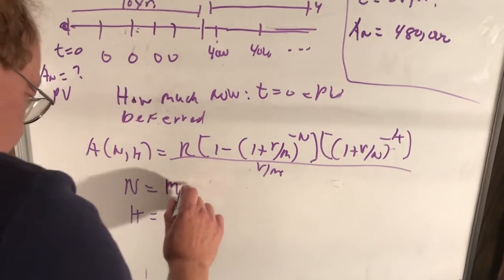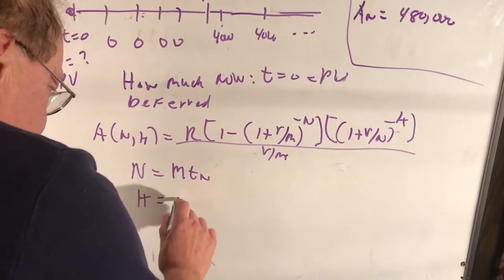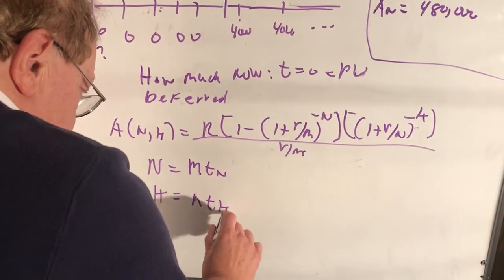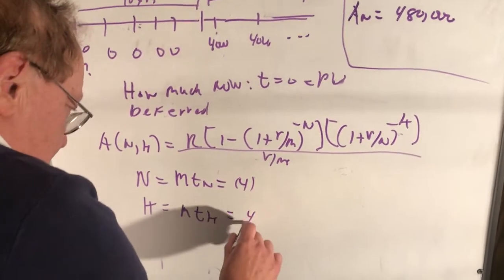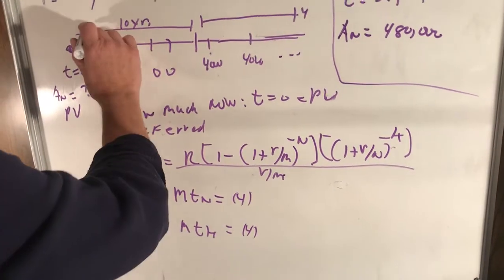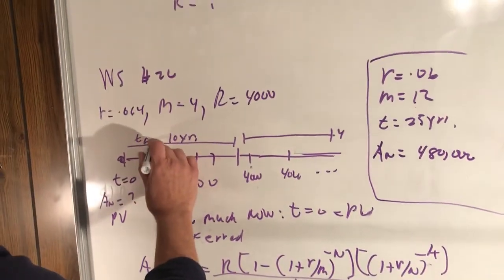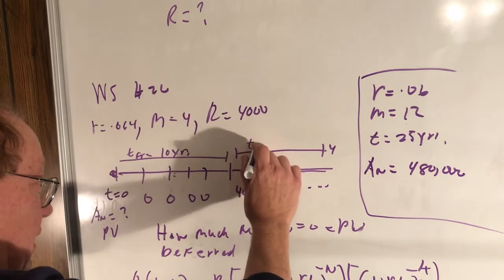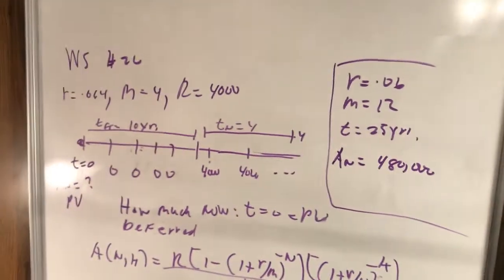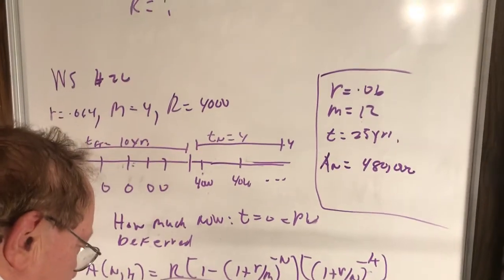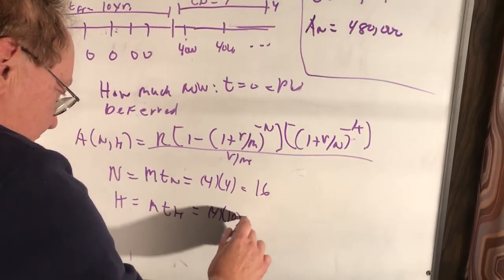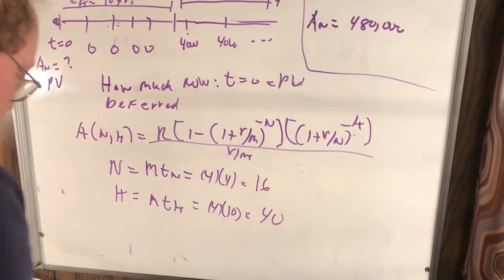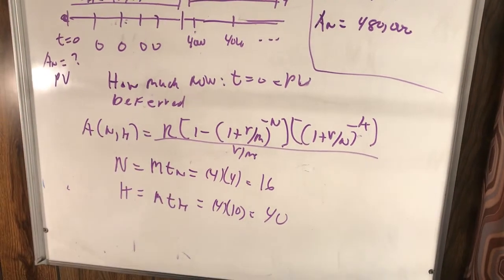So this is going to be MTN, and this is going to be MTK. So these are both 4. TK equals 10 years, and TN equals 4. So 4 times 4 equals 16, and 4 times 10 is 40. So there's your N and K.